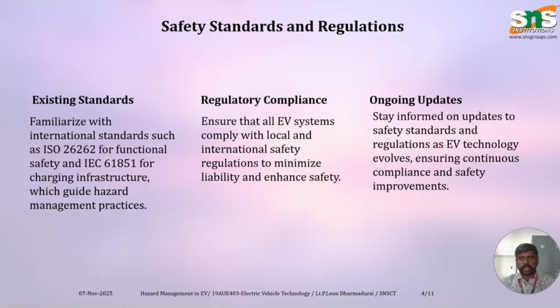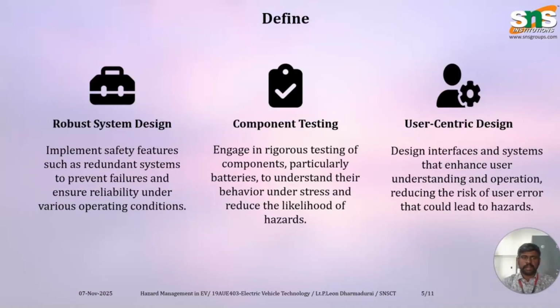And for ongoing updates, we need to stay informed on updates related to safety standards and regulations as EV technologies evolve. We need to make this vehicle with a robust system design, implementing more safety features in order to prevent failures and prevent passengers from collapse or mishaps.